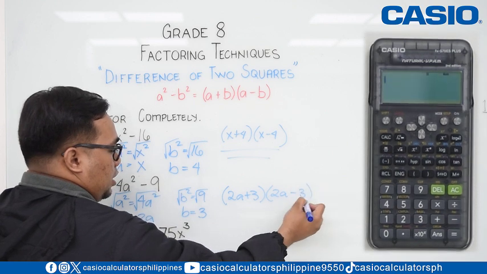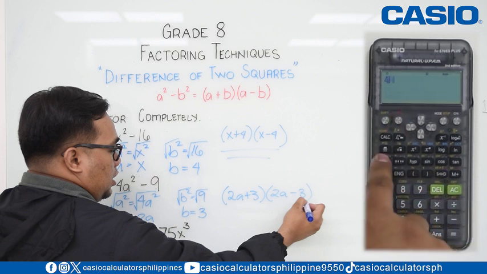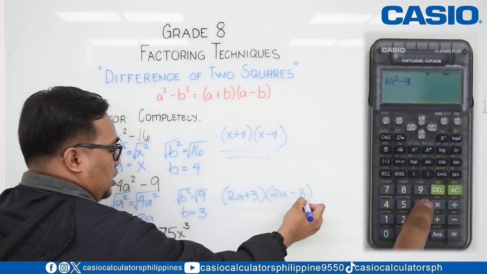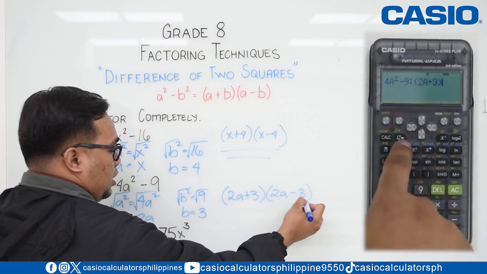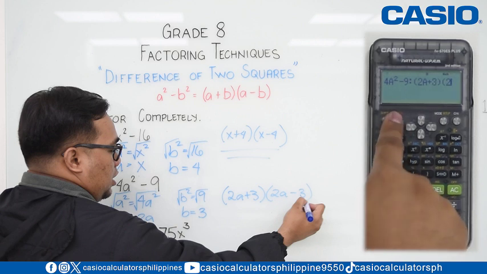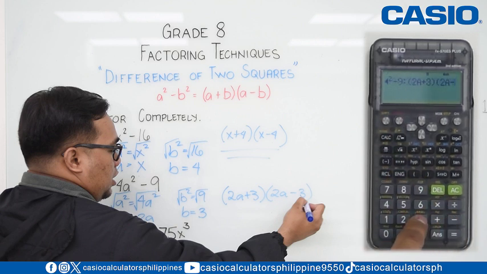Now let's check if the factor of our second example is correct. So we have here 4a squared minus 9, and then we use the colon and write our factor 2a plus 3 multiplied by 2a minus 3, and then we press calc, and the value of a, let's say I want 5, and then press the equal sign.